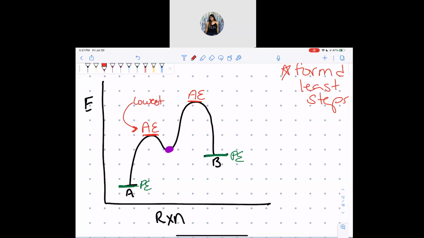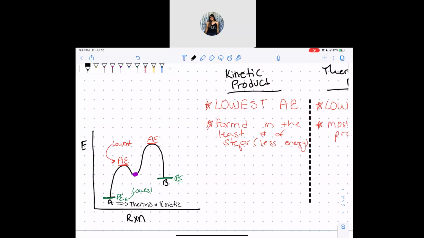And the lowest potential energy is this one. So in this example, A is both the thermo and the kinetic product. Ta-da!